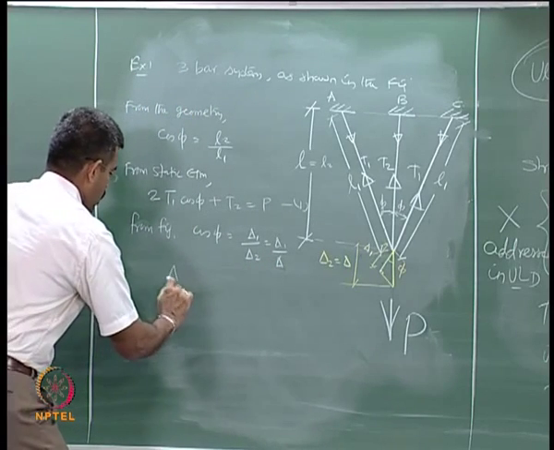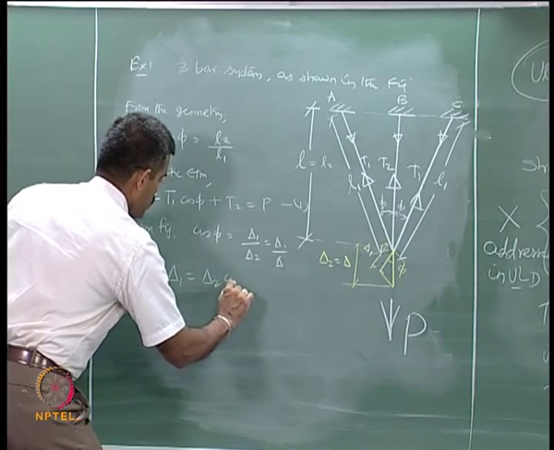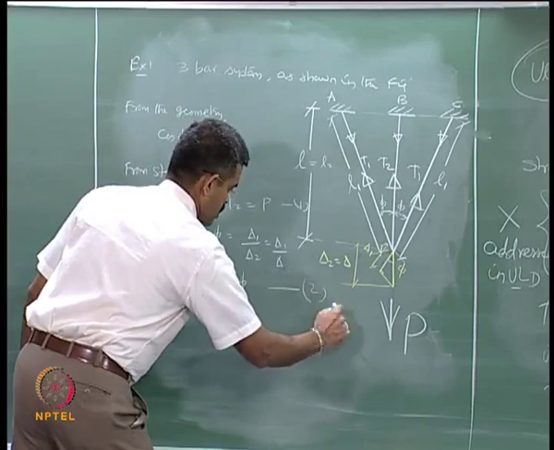We can say delta 1 is delta 2 cos phi, equation number 2.